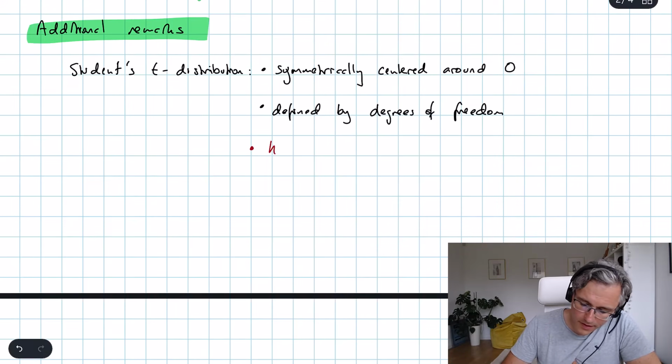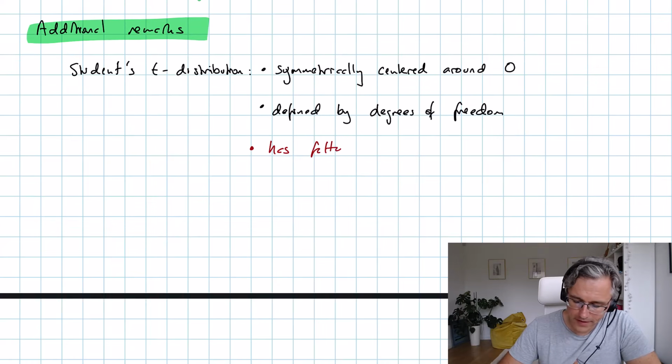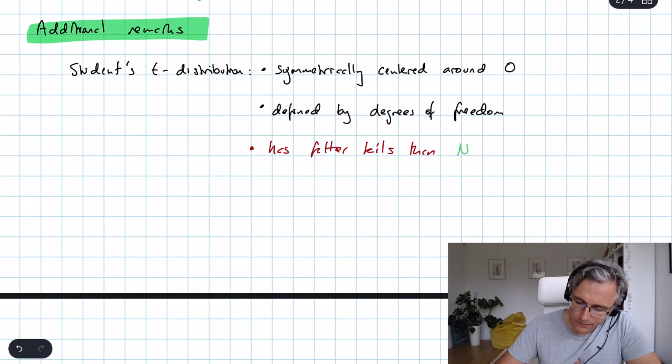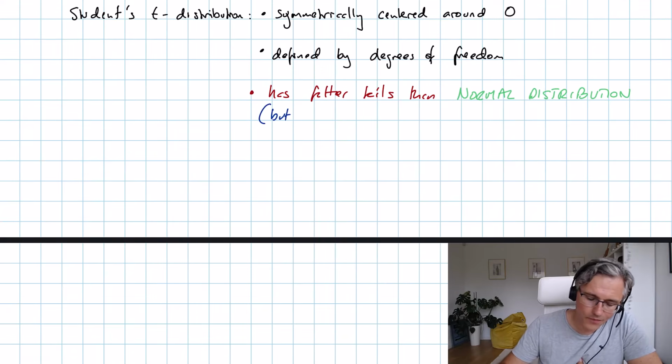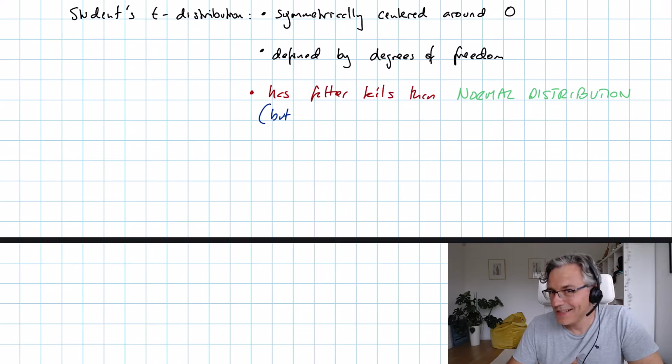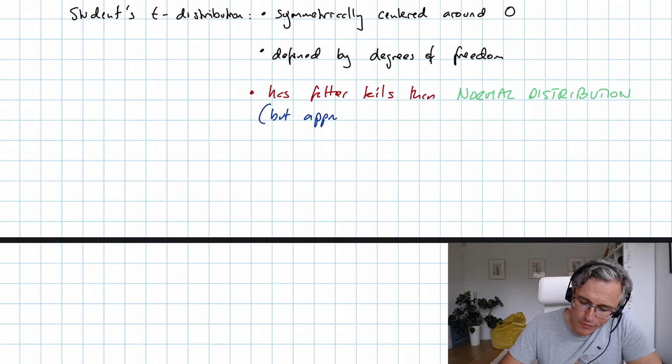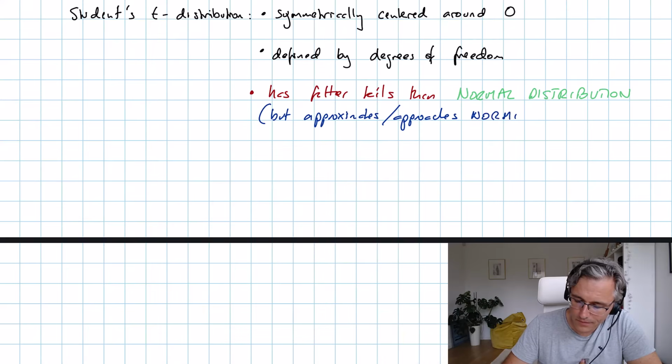And the thing to appreciate is that this distribution has fatter tails than the normal distribution, which you may know a little bit more about if you've studied some statistics before. But the important news is that the student's t distribution approximates or approaches the normal distribution as the degrees of freedom are increased.